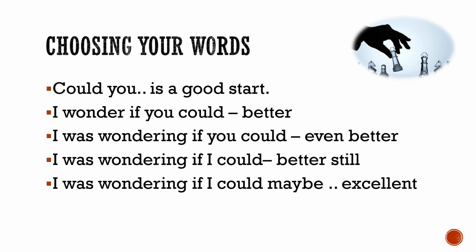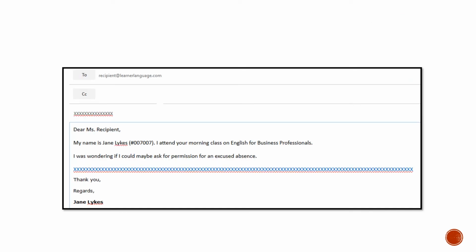So, let's put this now into our email. We have our framing moves, we have our salutation, we have our self-introduction, but now we have our polite request. "I was wondering if I could maybe ask for permission for an excused absence."